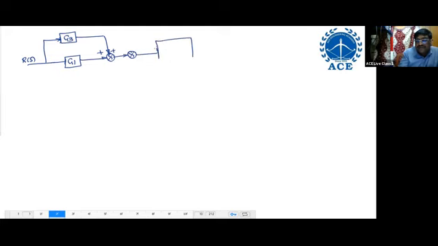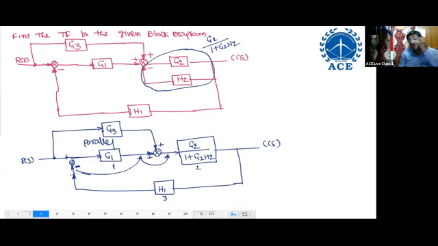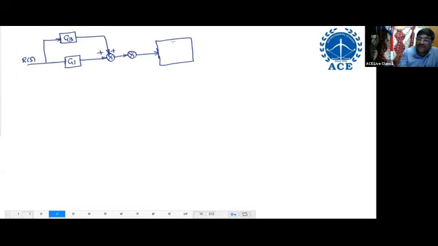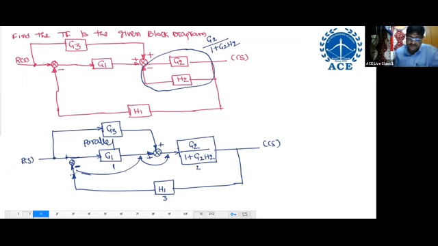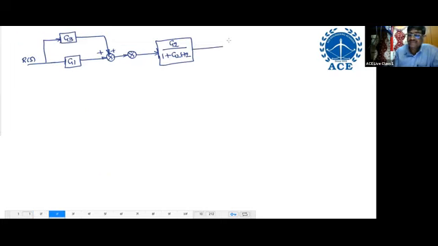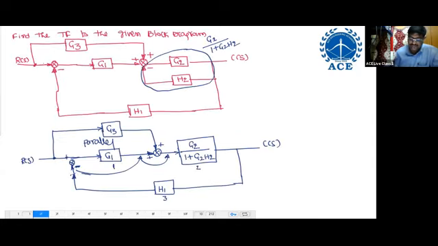Now here G2 by 1 plus G2 H2. Then C of S, here feedback minus H1.